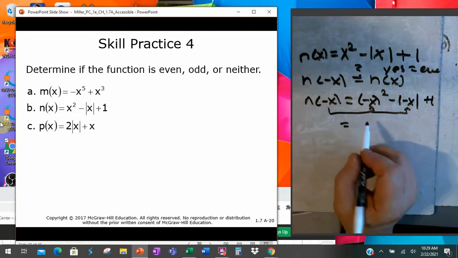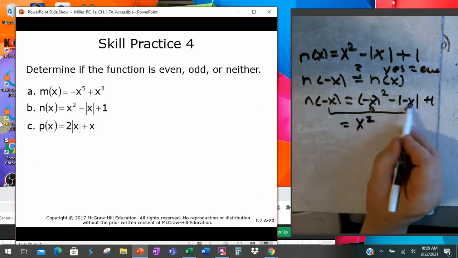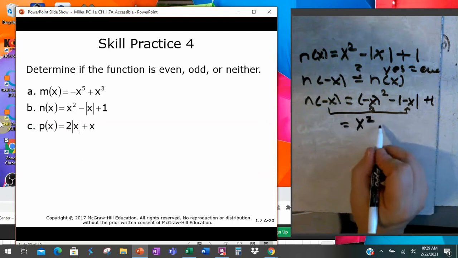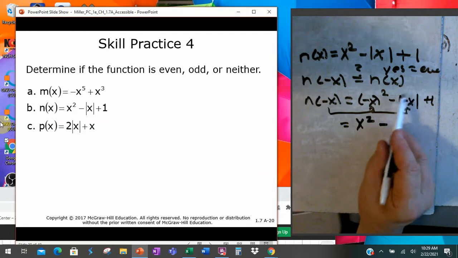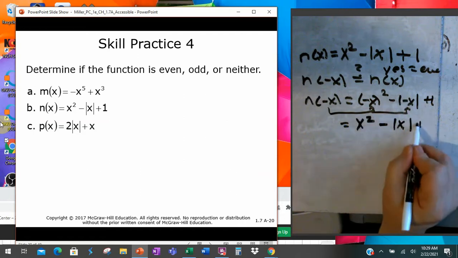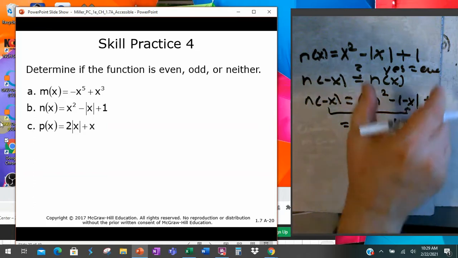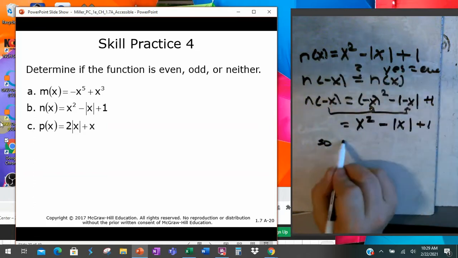X squared, minus 1 squared is plus, this is just x squared. The absolute value of x and negative x is the very same thing. No matter what number I put in here, it's going to be the same number except the sign flipped, and that's always going to be the positive number. So this is the very same thing as that. This is the very same thing as that. The answer is yes. So even.